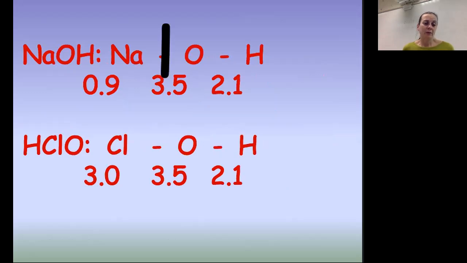But if we look at hypochlorous acid and the differences in electronegativity, the hydrogen to oxygen bond is more polar than the oxygen to chlorine bond. And so the bond that's going to break is the hydrogen to oxygen bond. So that difference in electronegativity determines which bond is going to be broken in water.